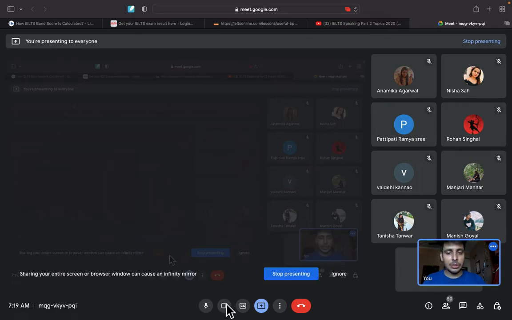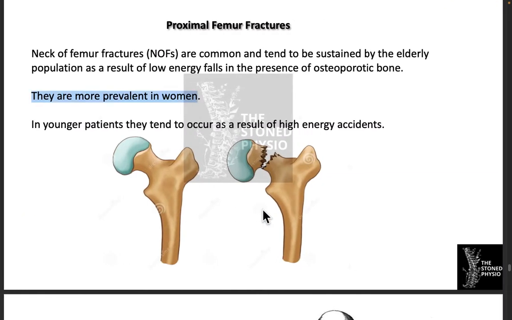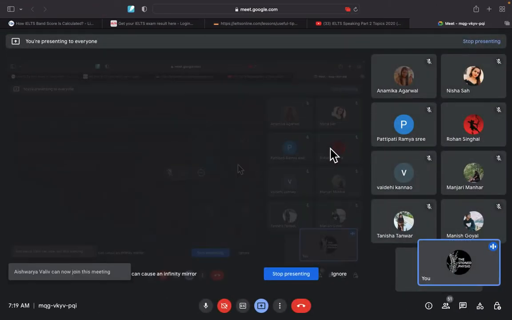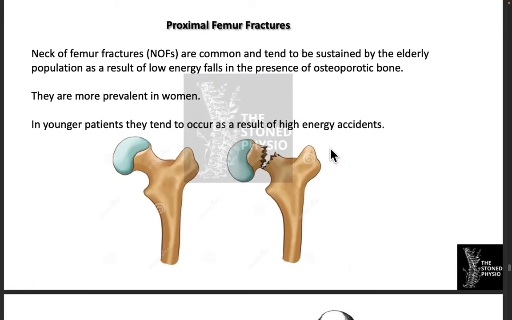So that's why we can say that fracture of the neck of femur is more prevalent in women. Of course, there can be this reason also, which Ramya told, that post-menopausal there is a decrease in the bone density, but that will be in a certain time frame. But overall, we can say that there is more chance of fracture of neck of femur in women as compared to men, mainly because of the smaller angle of inclination or more coxa vara.